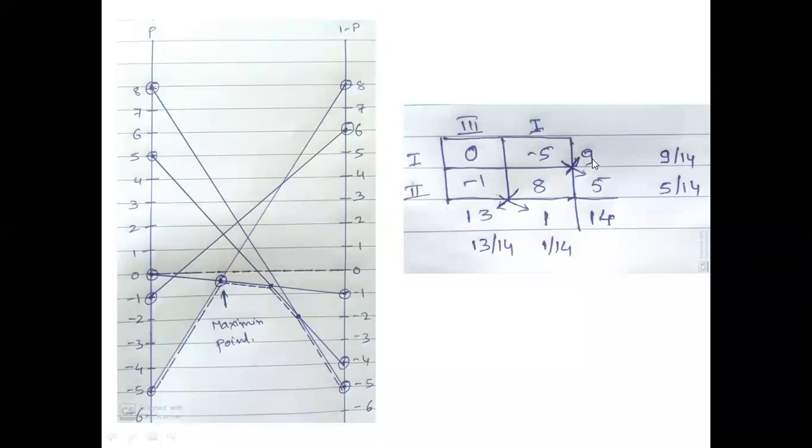So the probability is 9 by 14 for 1 and 5 by 14. So strategy 1 is applicable for A. And similarly, for B it is 13 by 14 and 1 by 14. So the probability that B selects is this one, 13 by 14.